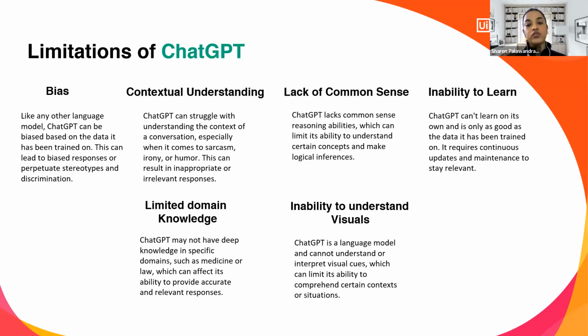I think that goes in par with the inability to learn as well, and it does have limited domain knowledge, right? All of these branch together with the training data we previously talked about. As much as you provide training data and customize it, that's how the model is going to perform, and it's good to have that understanding.